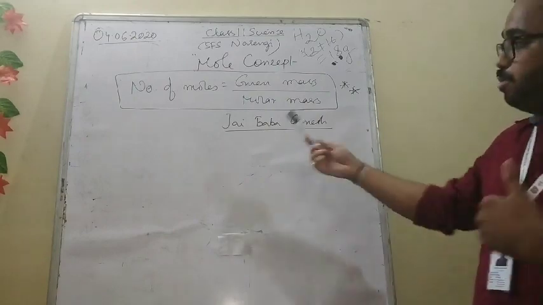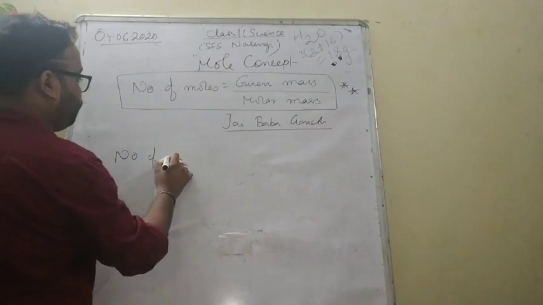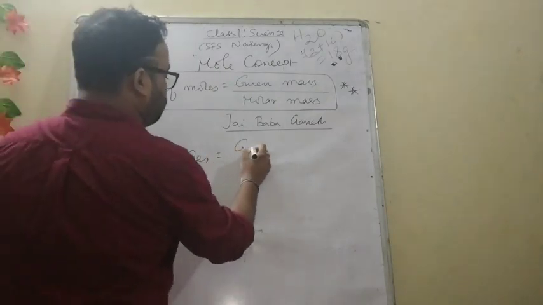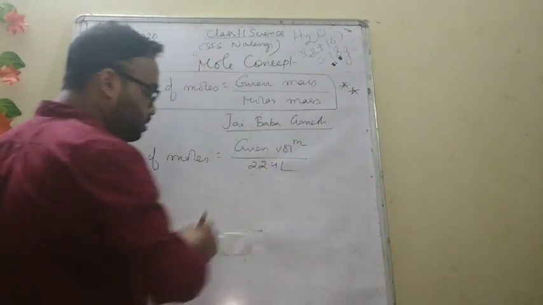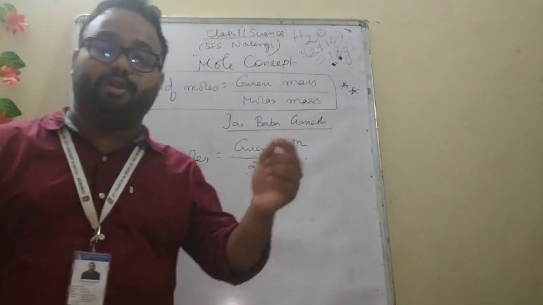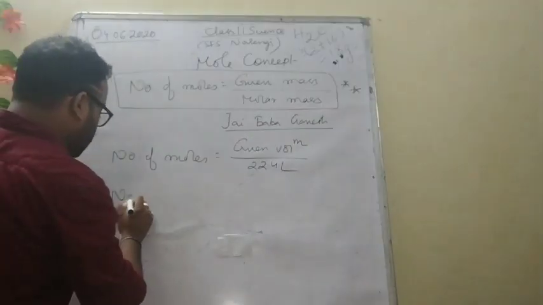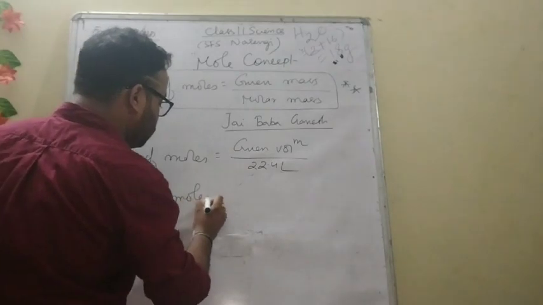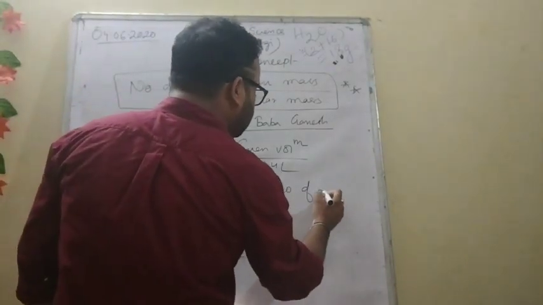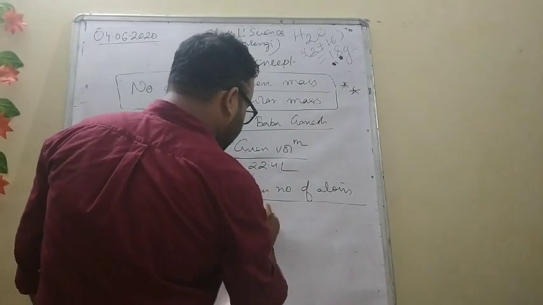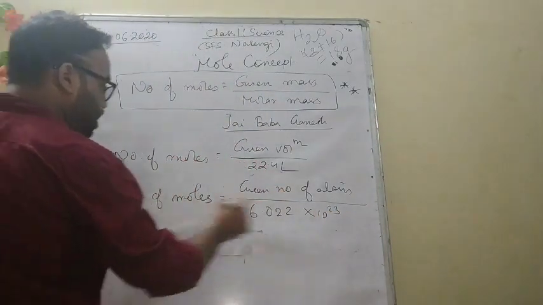In terms of volume, if I write, then what will I get? Number of moles is equal to given volume by 22.4 liter, because 22.4 liter means 1 mole. And number of moles equals given number of atoms divided by 6.022 into 10 to the power 23.